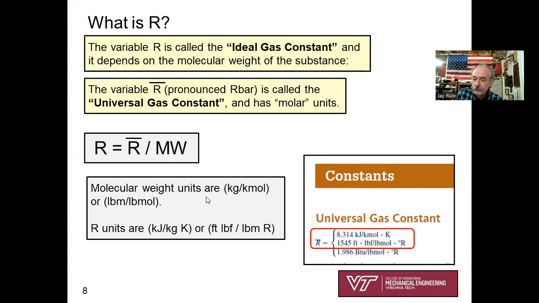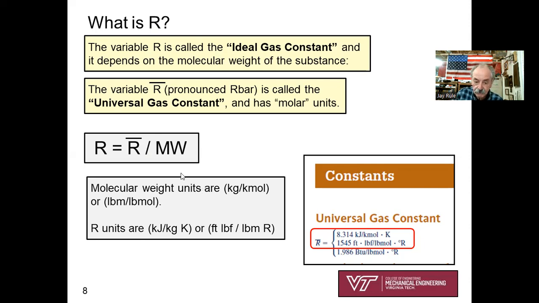Okay. Molecular weight units are in kilograms per kilomole from freshman chemistry, or pounds mass per pound mole. You should know the molecular weight of hydrogen, H2. It's 2. You should know the molecular weight of nitrogen, N2. That would be 28. And since you're an engineer, you're getting ready to be a practicing engineer, you should also know that the molecular weight of atmospheric air is 28.97. You should commit all that to memory. Okay.